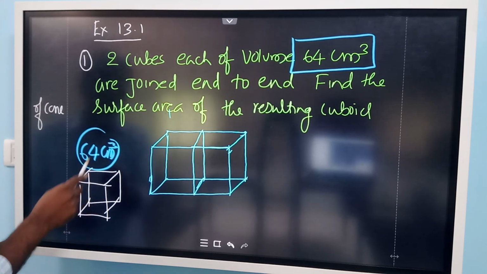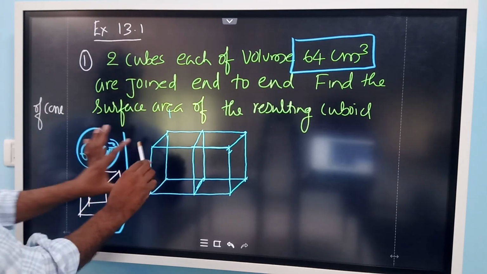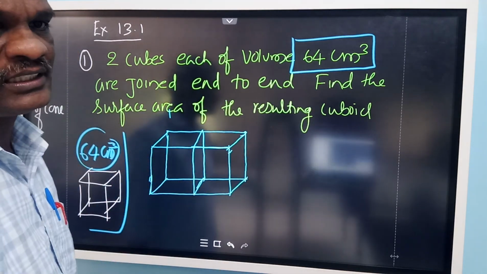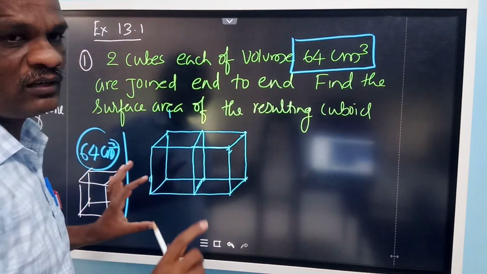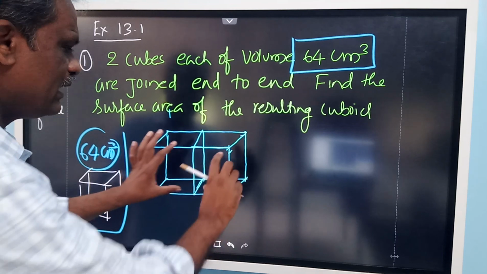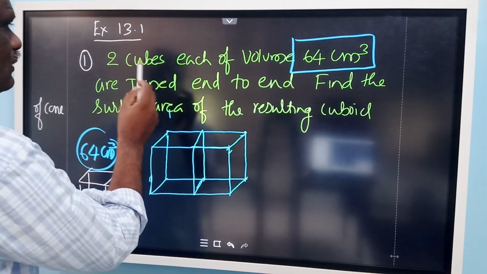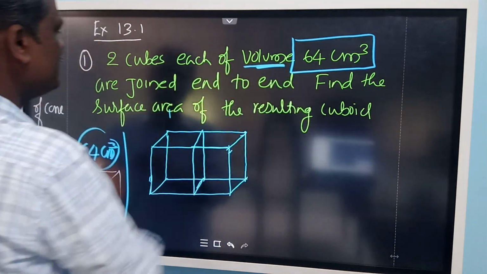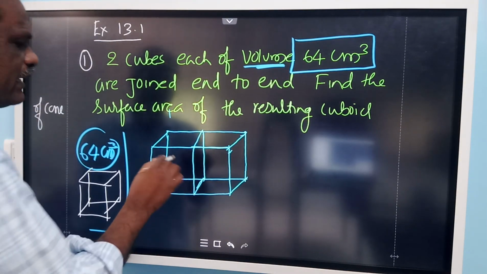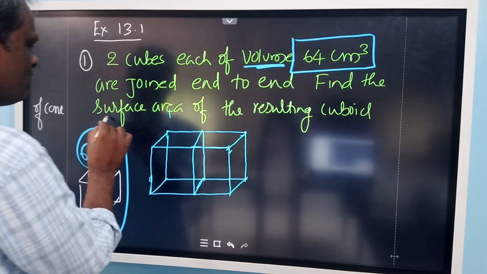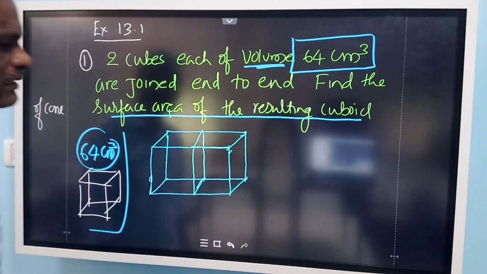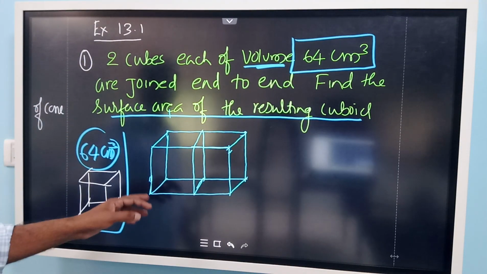When we attach, you will get a cuboidal shape. Here two solids of known shapes are attached and you are getting a cuboid. Volume of each cube is given and they are joined end to end. Find the surface area of the resulting cuboid.